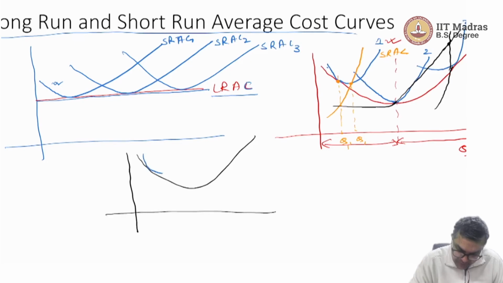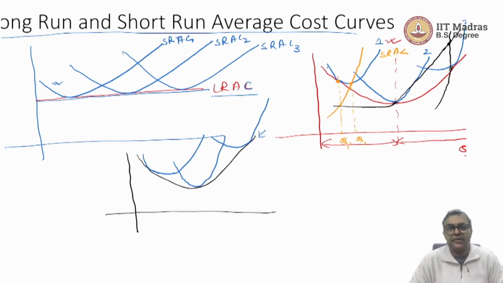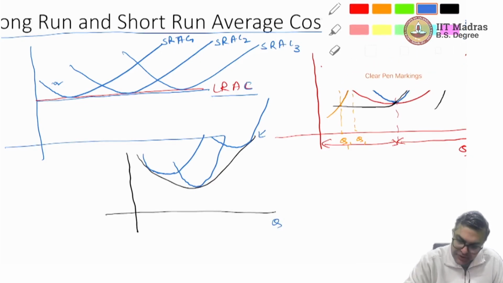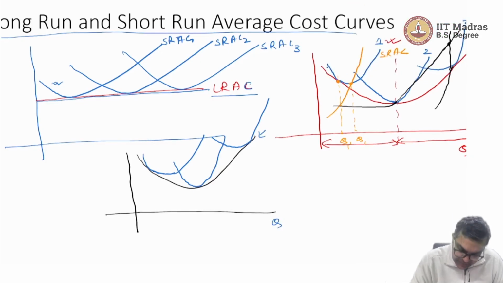Let us say the short run average cost curve is like this. This black one is not possible because it assumes that in the long run we can vary capital continuously. So it's very clear that it will look like this. This is the way it would look.